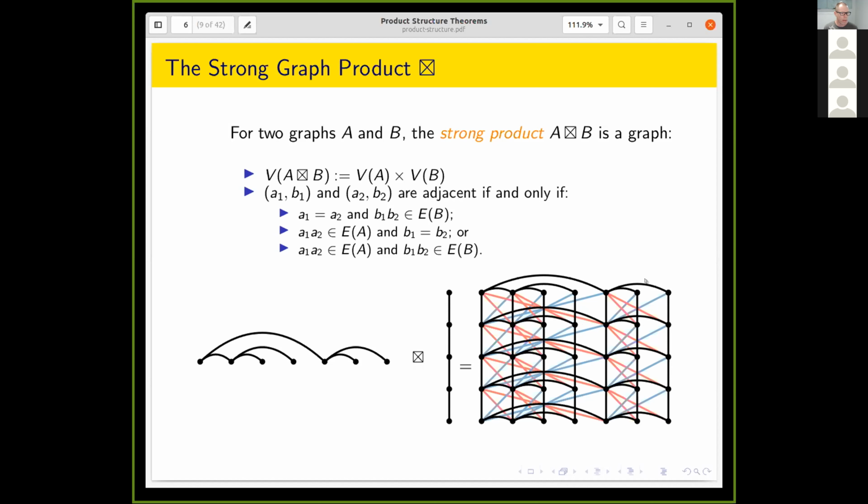Now would be a time to ask a question if you have one. Good. In this talk, we will see pictures like this frequently, in particular where the second thing in this product is a path. We'll see that for the rest of the afternoon.